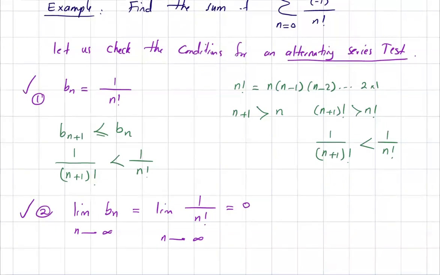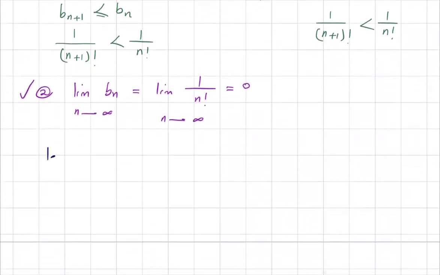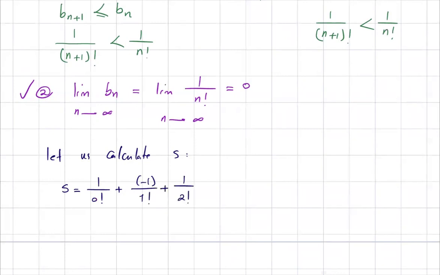What is S? Let us calculate S now. S is equal to 1 over 0 factorial plus negative 1 over 1 factorial plus 1 over 2 factorial plus negative 1 over 3 factorial plus the rest of the terms, plus 1 over 4 factorial, plus negative 1 over 5 factorial, plus the rest of the terms.